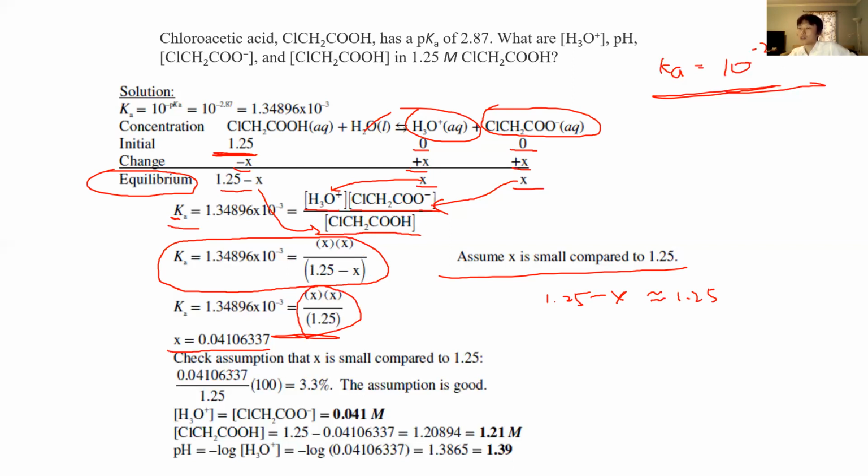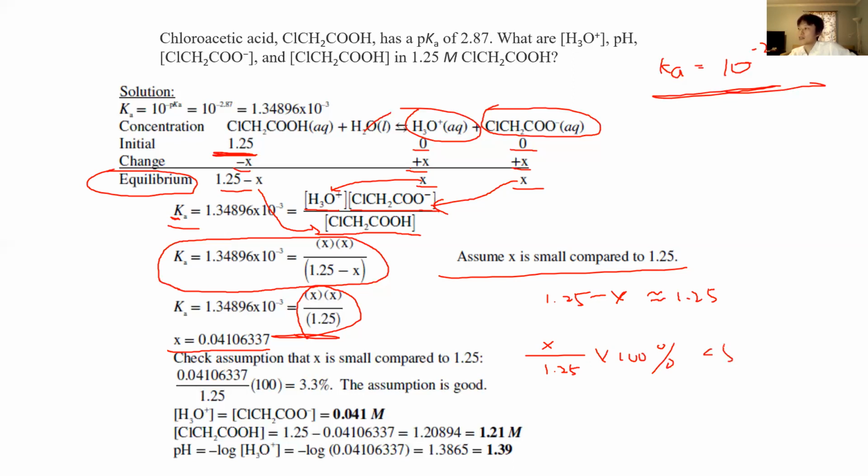Every time you make an assumption, you must justify it. The way you justify is you divide this X by the initial number, which in this case is 1.25. You multiply by 100% and see whether this percentage is greater or less than 5.